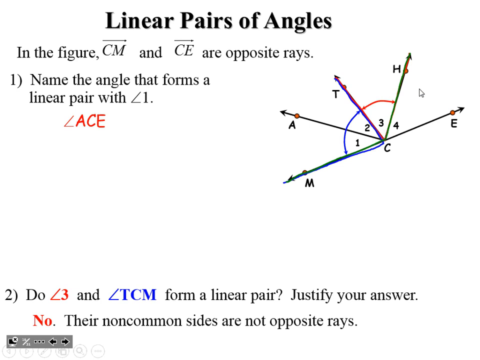So that's what we're looking at. Adjacent would be like saying Hispanic or Latino. Linear pair would be that more specific kind of Hispanic or Latino culture, saying Salvadoran. Alright? Does that make sense? It's more specific. We also talk about that when we get into shapes, like rectangles and squares.